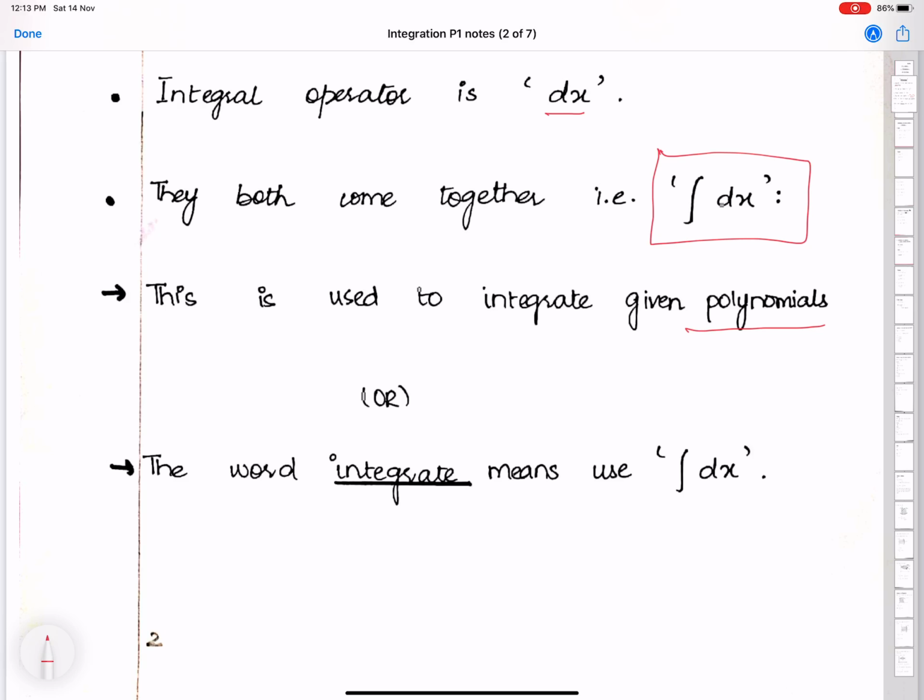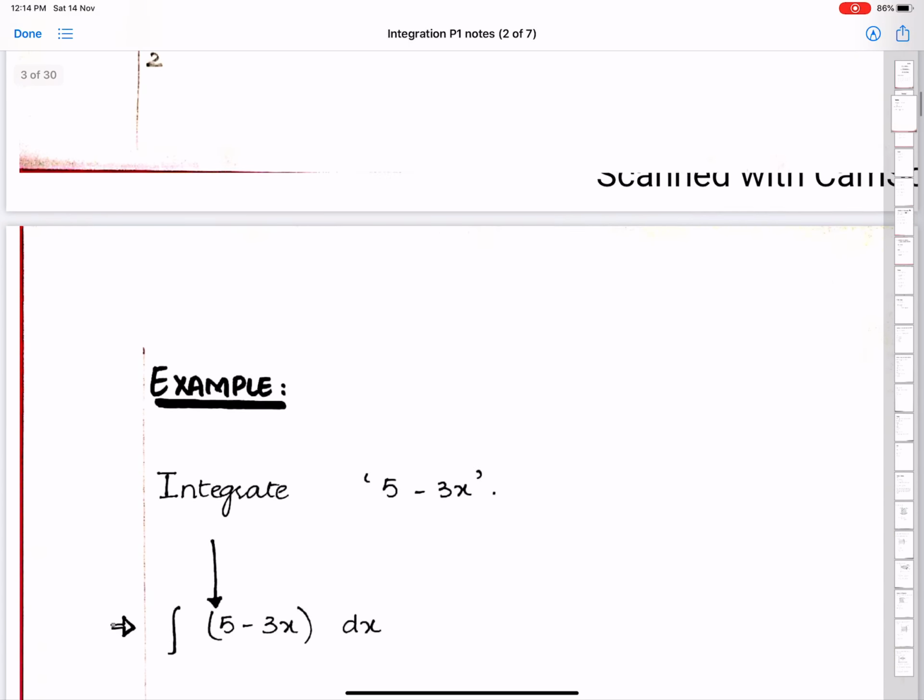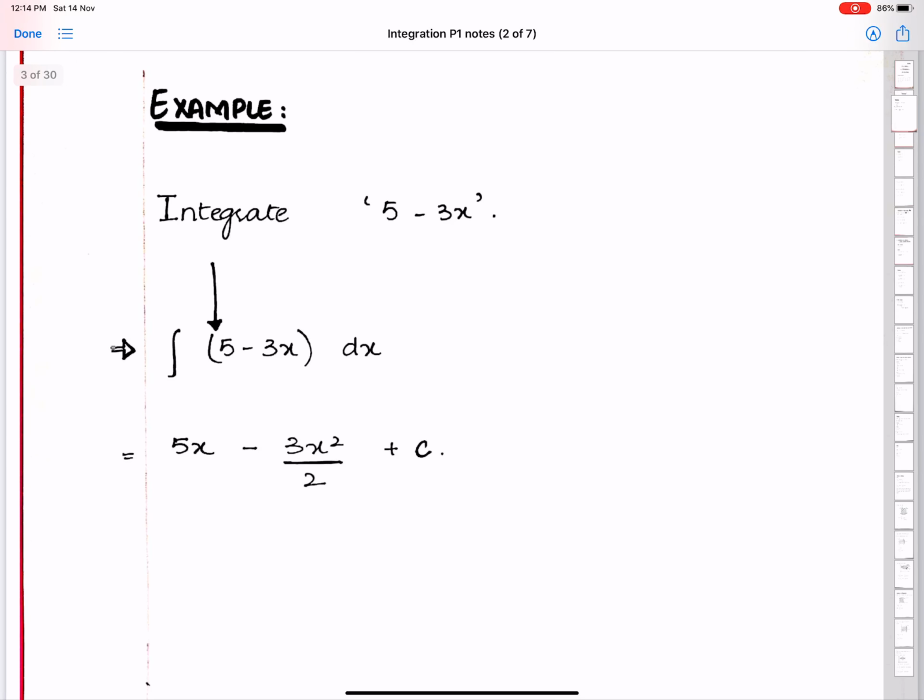The word integrate means use this on the given polynomial. Example. Now integrate 5 minus 3x. This is the polynomial, and this word integrate always comes with a polynomial.